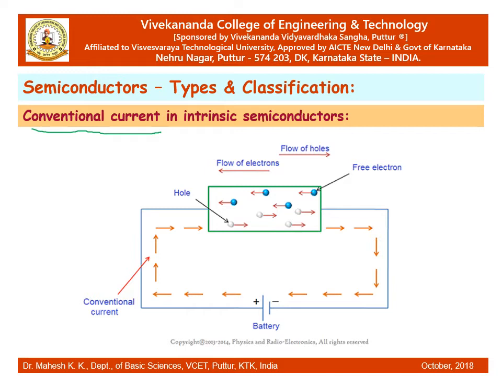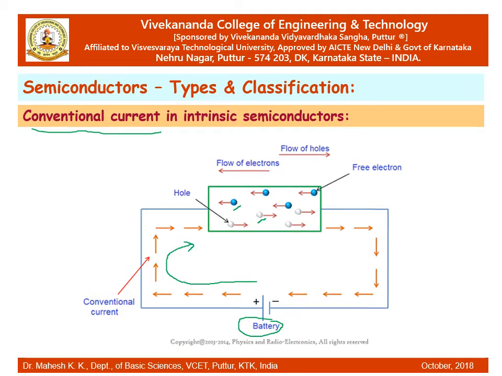Now let us see the conventional current flow in the case of an intrinsic semiconductor. Similarly, we had it for metals, where we had just free electrons. Now we are having electrons as well as holes. These blue ones are the electrons, and these gray ones are the holes. This is a battery that we have, and the current flows in the clockwise direction.